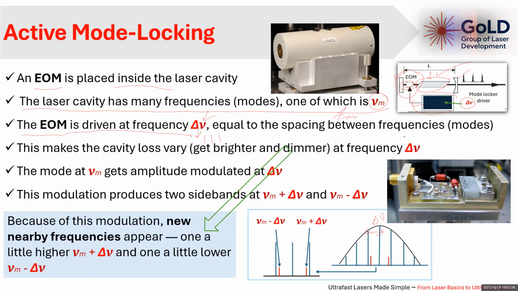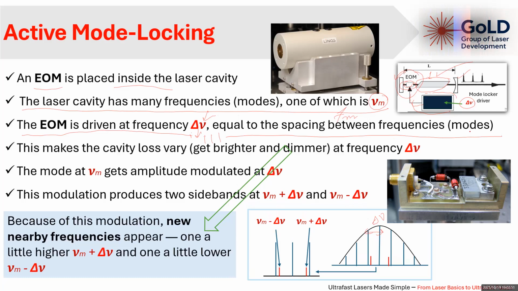If this frequency provided to the electro-optic modulator does not exactly match the separation between the modes, then we may not have locked pulses. So this is very critical. That is equal to the spacing between the mode frequencies.